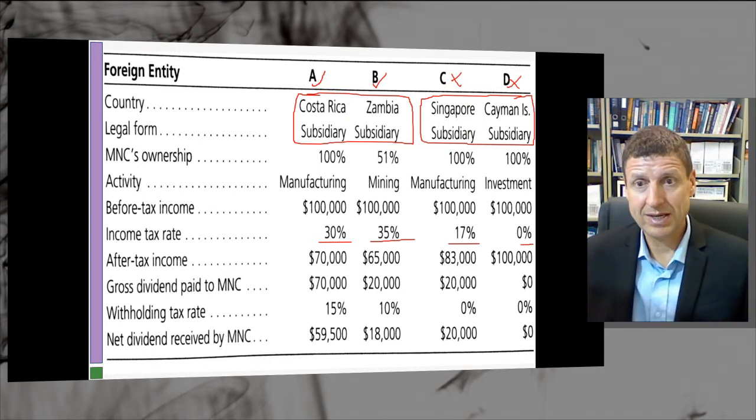So keep that in mind. These are some of the considerations in how the law impacts the way multinationals develop their tax planning strategy around the world.